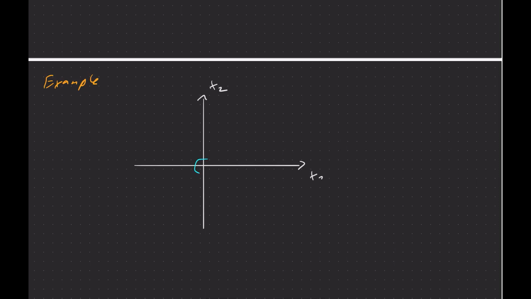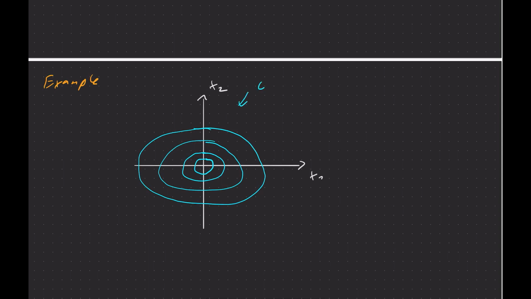So say we have something like a parabola, right? Maybe not quite a parabola, so it's not quite circles. Okay, so let's say this is the level sets of a function.